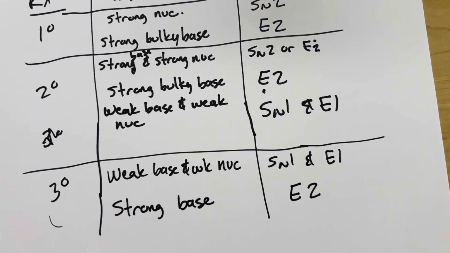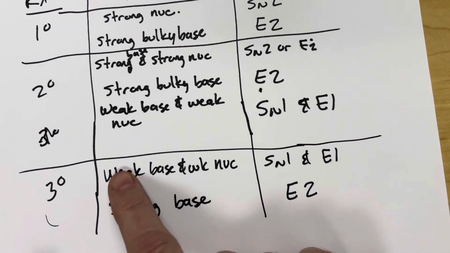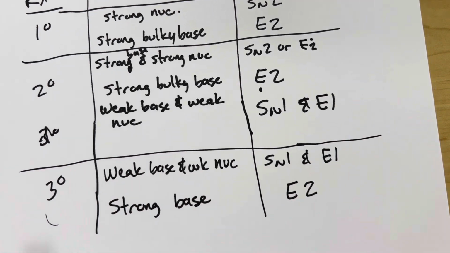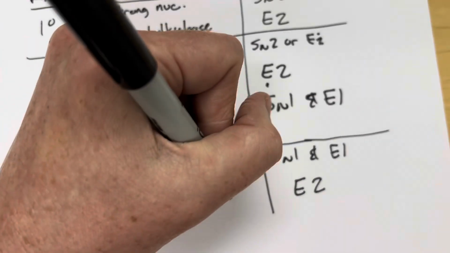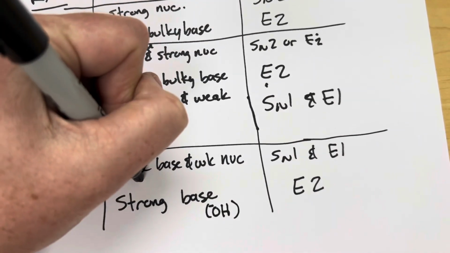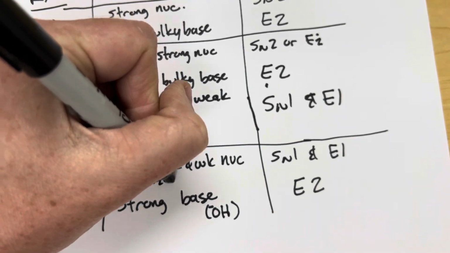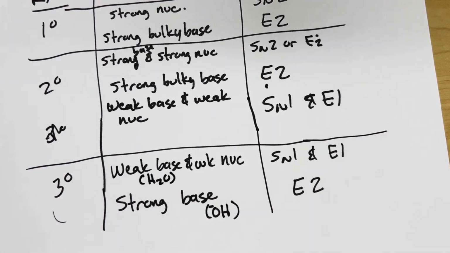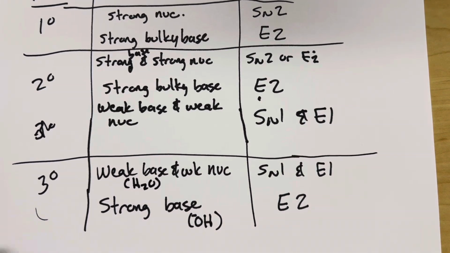So if you have a strong base, it'll do E2; weak base, weak nuke, SN1 and E1. Generally, what we've seen a lot of is OH minus as a strong base, and H2O as the weak base. But I'm about to give you lots more examples so we can see if we really understand this.